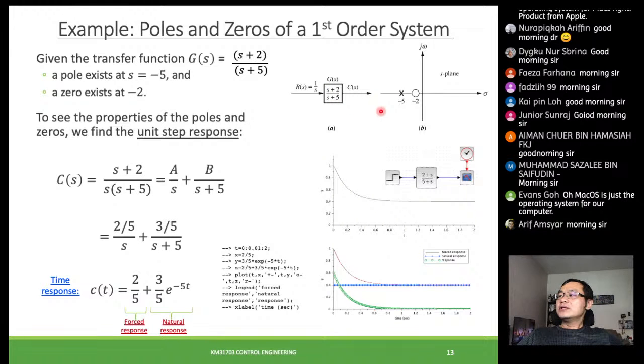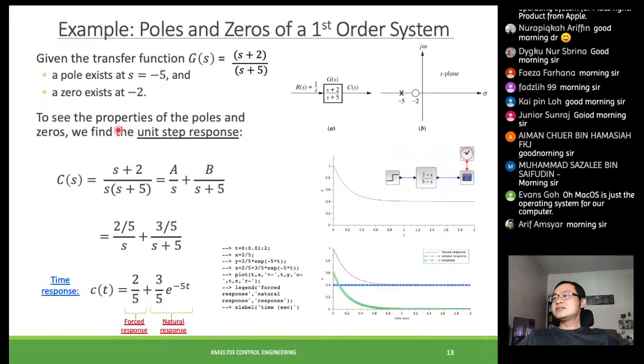Now what I try to show here is that I can also use Scilab, Xcos, to do it and plot this curve, right? So this is the curve that I get by putting in a step input. If I don't want to use this, I can also type my command to plot it.